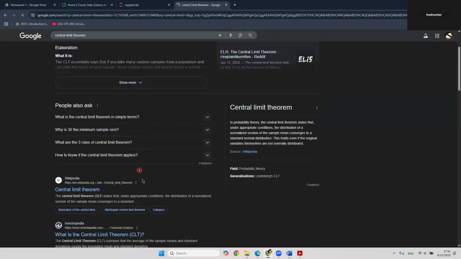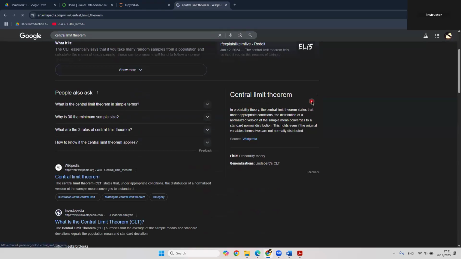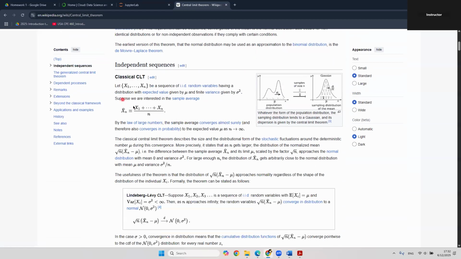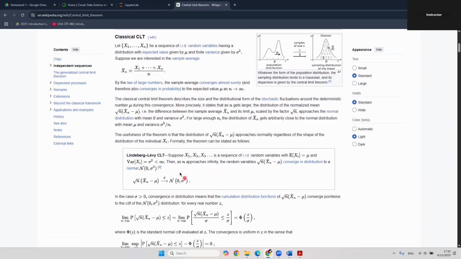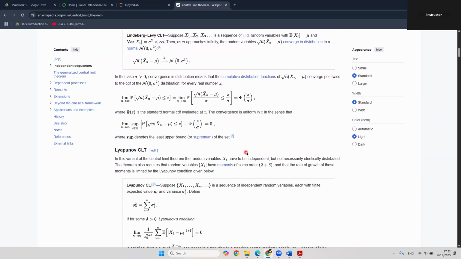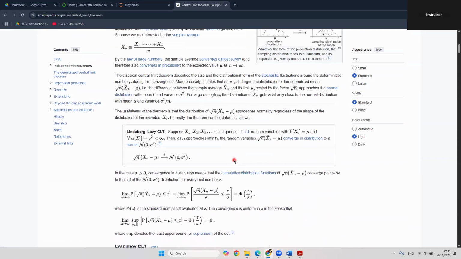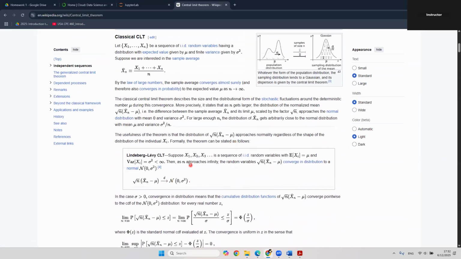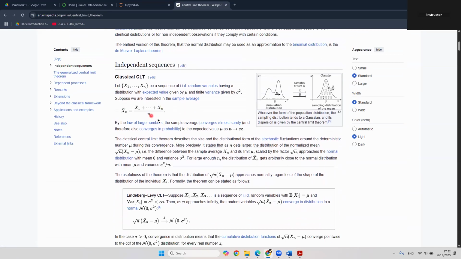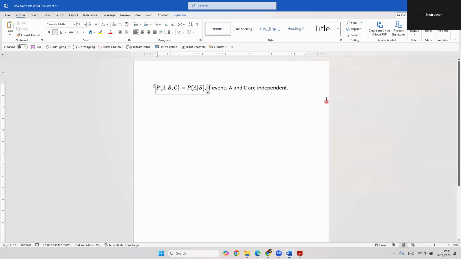There's a Wikipedia page here. So it doesn't matter what distribution it is. I just need the simple version of the CLT. I'd better directly write it by myself.